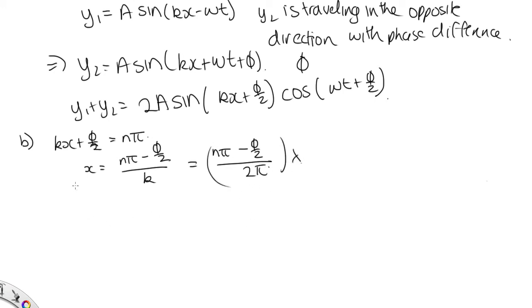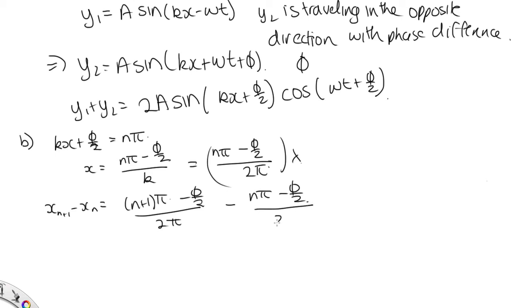Okay, now the distance between adjacent nodes, let's do x of n plus 1 minus x of n, which is equal to ((n plus 1) pi minus phi over 2) over 2 pi on lambda, minus (n pi minus phi over 2) over 2 pi on lambda. Now these are all over the same thing, so this and this will cancel out.